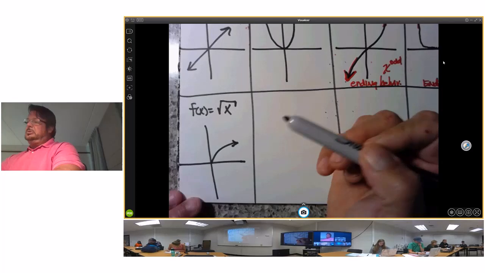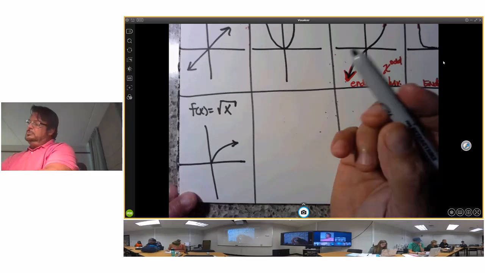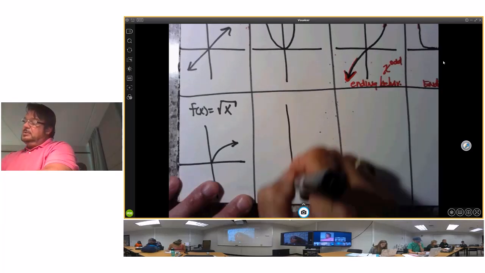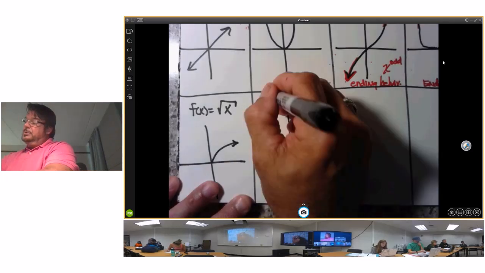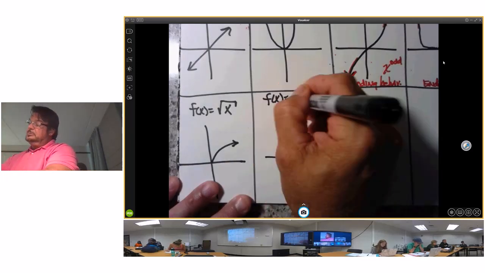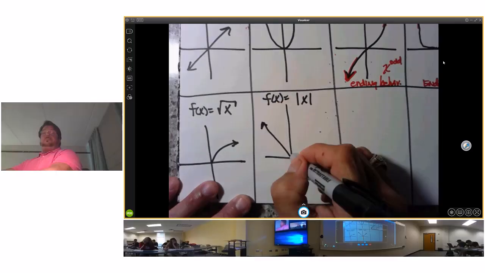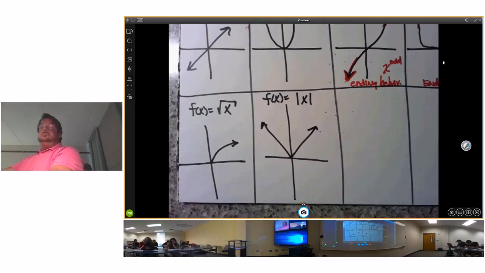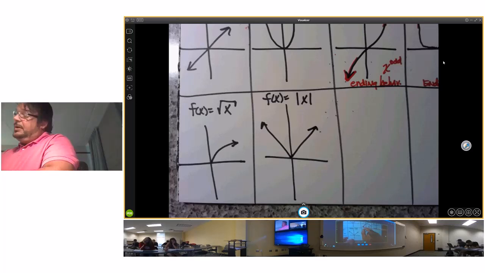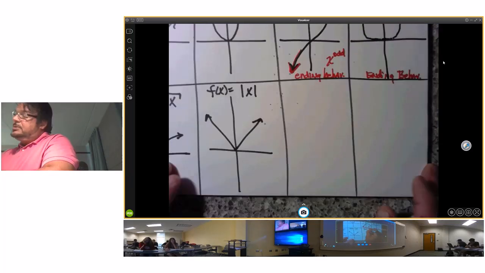Next one, f of x is equal to the absolute value of x. Absolute value. Looks like a V. F of x is equal to 1 over x. That was half a volcano.